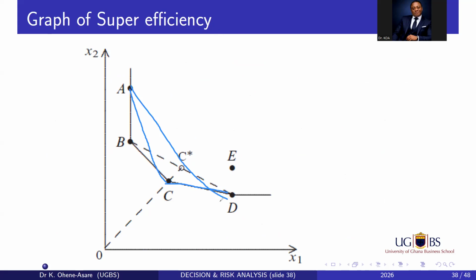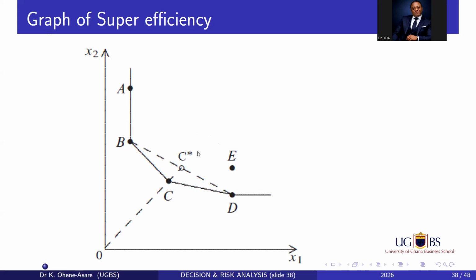But D cannot be outside, no matter what. And A cannot be outside, no matter what. But B and C can be outside the frontier. That is what makes B and C here super efficient. Very important. Anderson and Peterson, when they introduced this, clearly explained it.